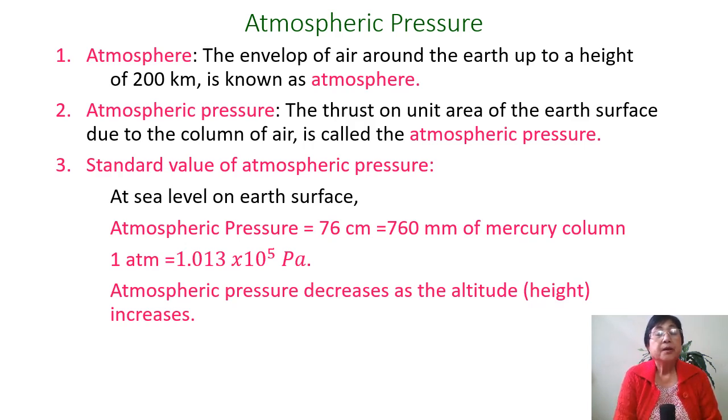Atmospheric pressure. Remember, we are talking about air here. When we talk about air, we usually take it for granted that air has no thrust. But remember, children, air has thrust. And let me tell you something. We have seen that 1 atmosphere is equal to 1.013 into 10 to the power 5 Pascal.